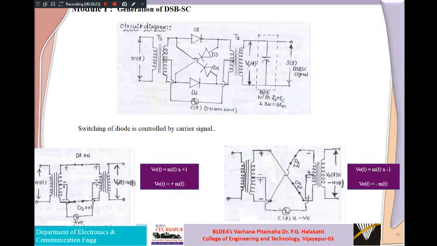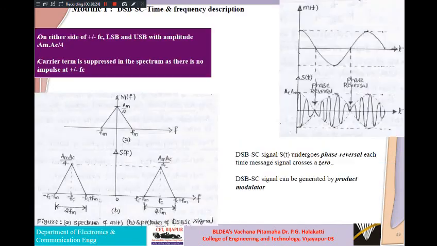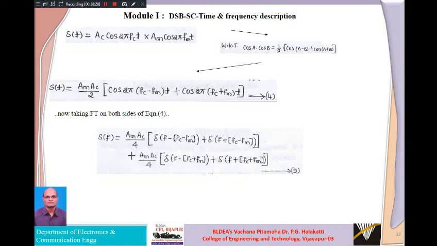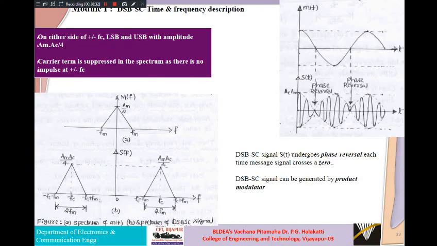Once you pass it through the band pass filter tuned to fc, now you are getting that clearly. You can see here clearly, there is a reversal of phase change here.